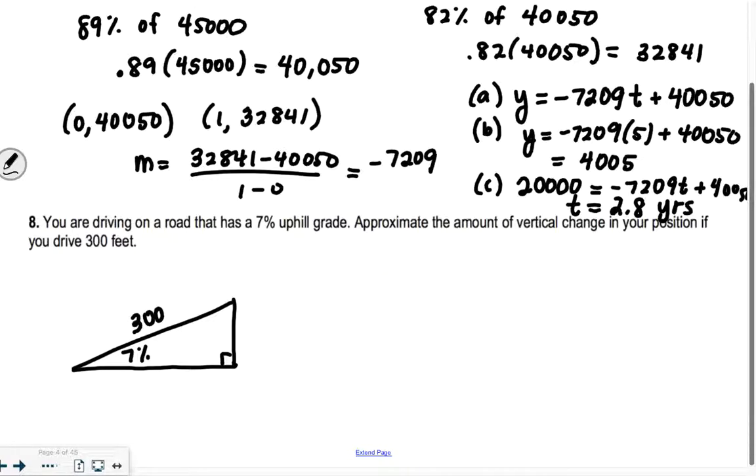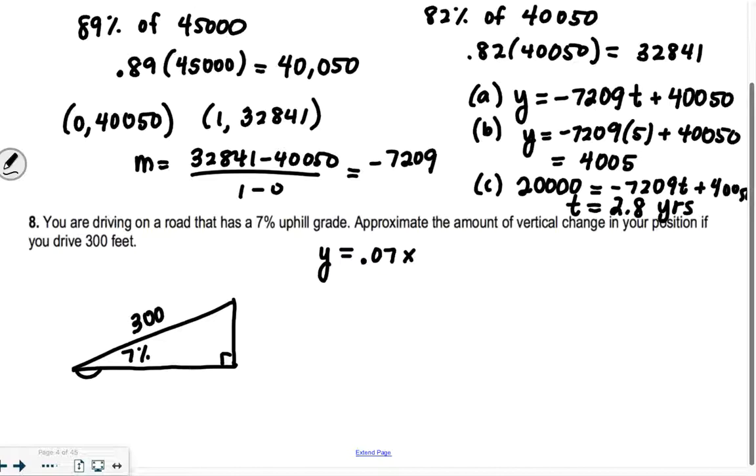Every foot that I go, I'm increasing by 7% of what I had before. So 7% in math, I write 0.07, right? So y is equal to 0.07x.